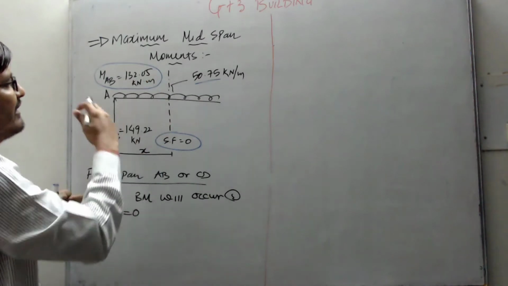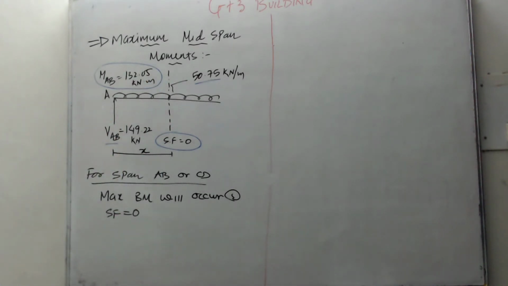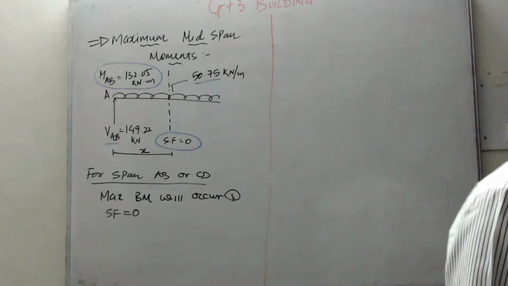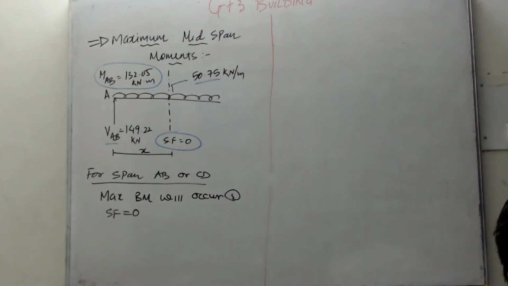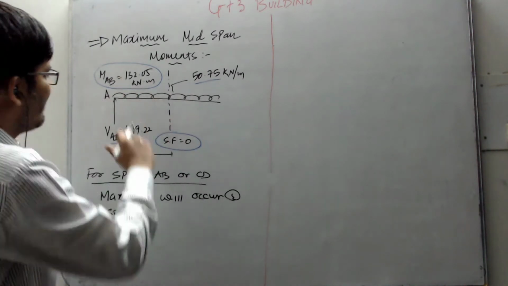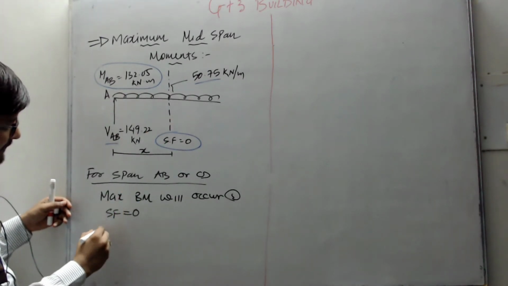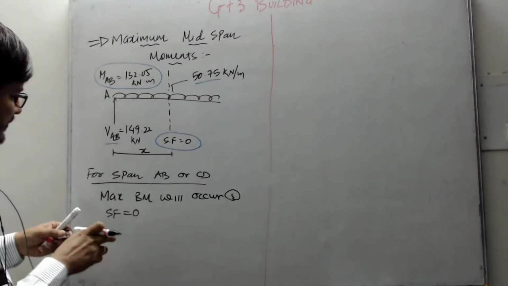from left hand side forces. So if we take bending moment at this section from left hand side forces, our first term will be VAB multiplied by x.